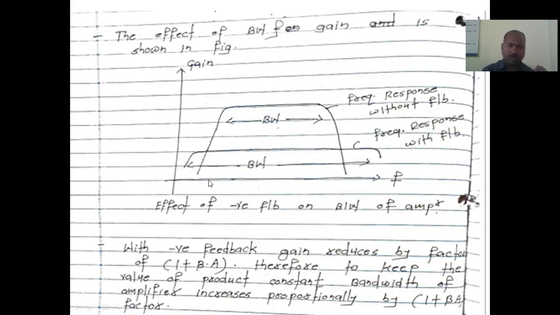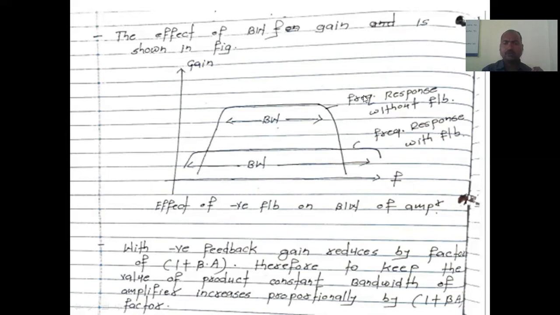With respect to gain, gain with feedback is here, gain without feedback is here. According to that, two things we have to see. When we use the feedback, the gain value should reduce, and the range of frequency, which is nothing but the bandwidth, should increase.